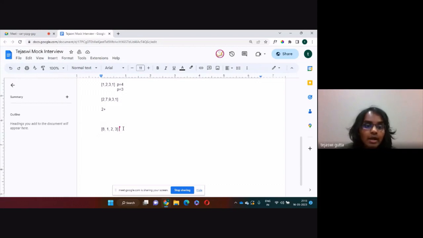And if not, at every index, at every house, I'll have two options. Either I rob it or I don't rob it. So at every index, I take the maximum of these two options that I have, and then I return it. Cool.